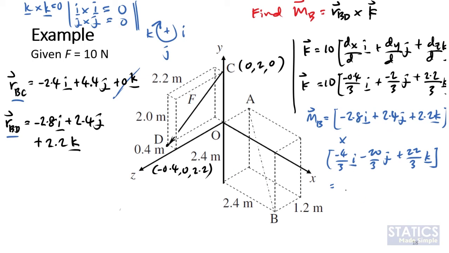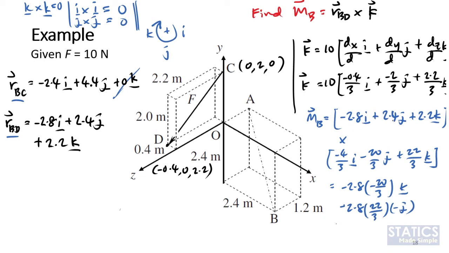So here we have minus 2.8 times 20 over 3. Okay, so ij will give you a positive k, right? And then ik, we have minus 2.8, k is 22 over 3. ik gives negative j, right? Continue further.